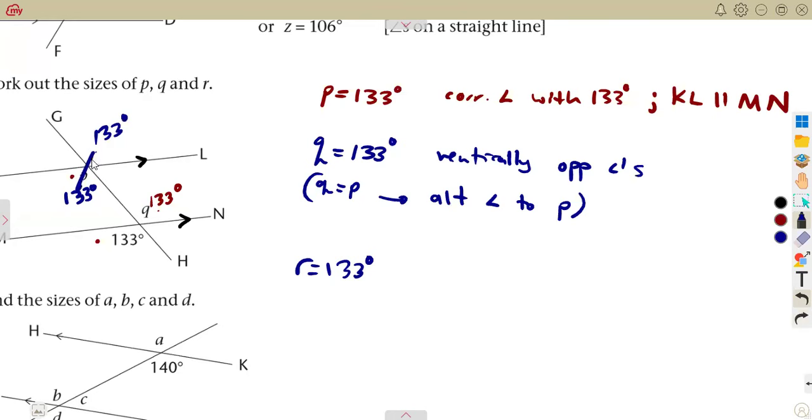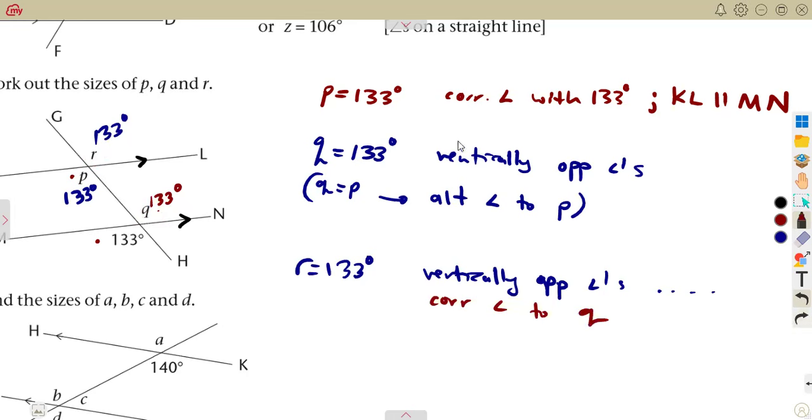We are referring to the vertically opposite angles, or we can refer to the corresponding angles to Q. So whatever part you use, you can talk of the vertically opposite angles to that 133, or refer to the corresponding angle to angle Q.